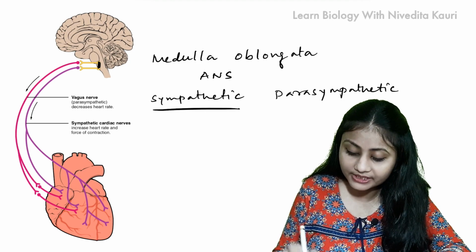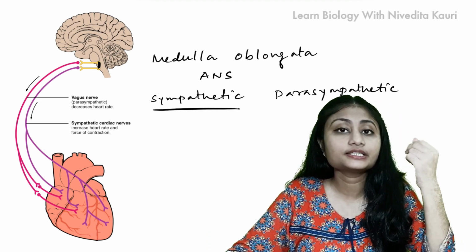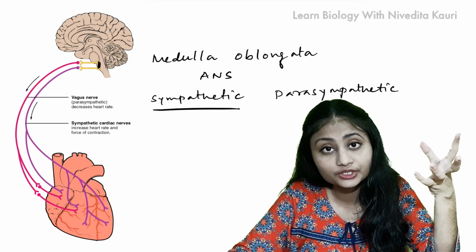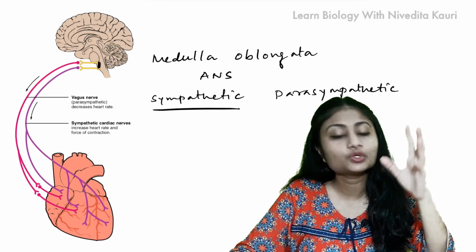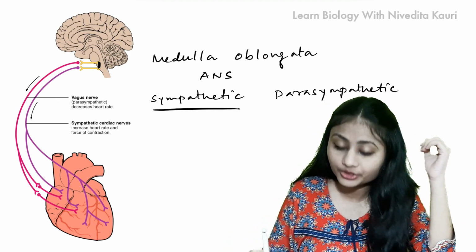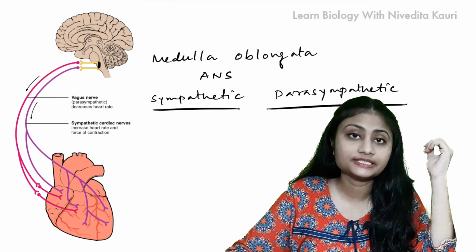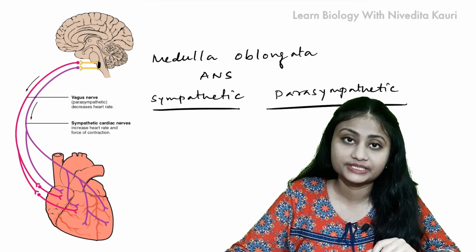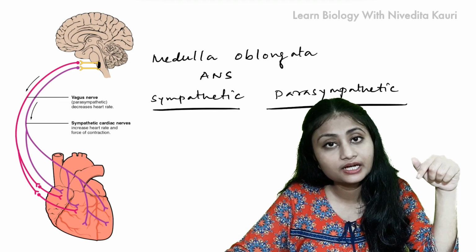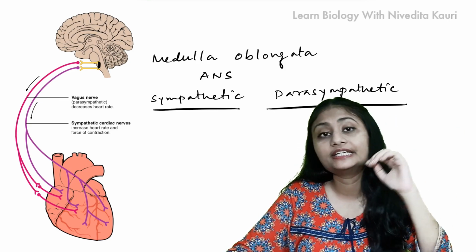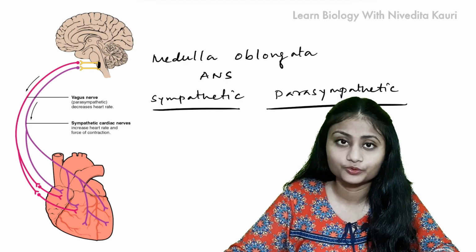The sympathetic nervous system increases the heart rate, it increases the force of contraction of myocardium, so it increases the cardiac output also. And the function of parasympathetic nervous system is just opposite to that of the sympathetic nervous system. So it decreases heart rate, it decreases the force of contraction and it decreases cardiac output.